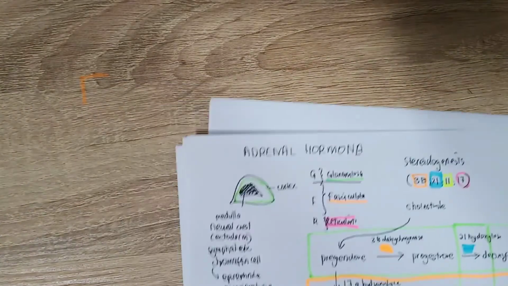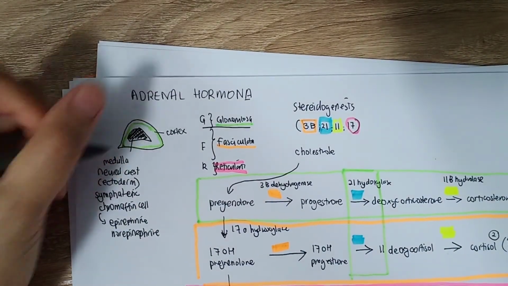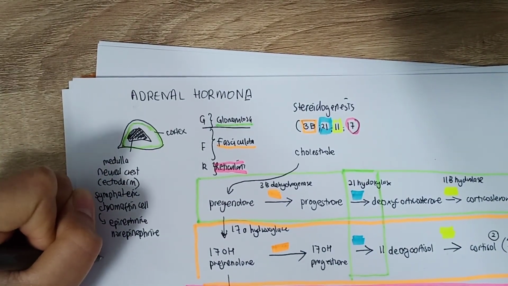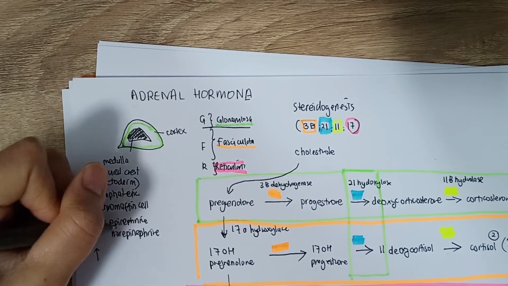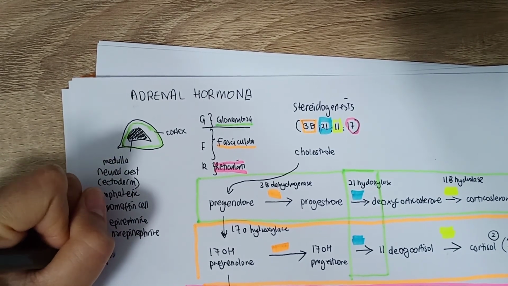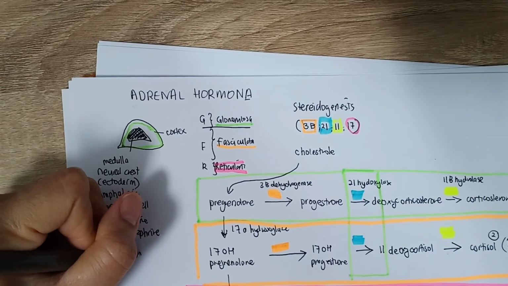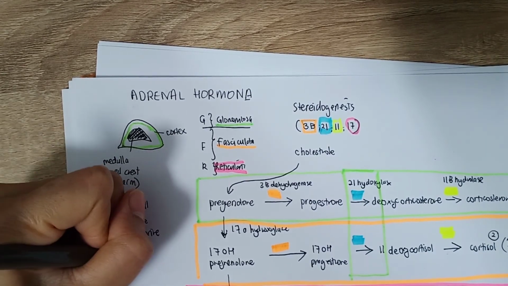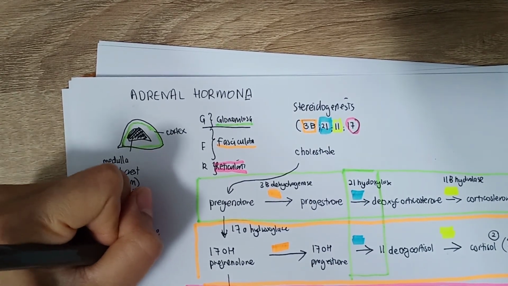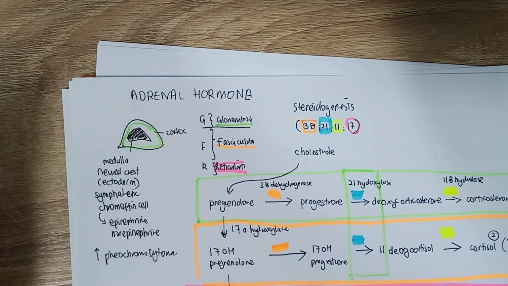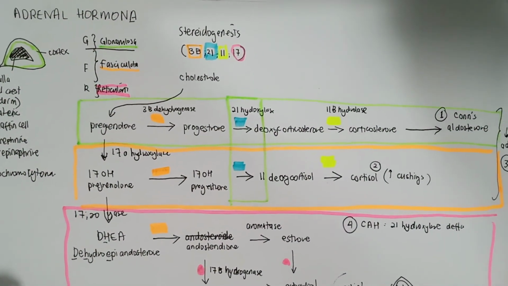And also, if we have a problem with the medulla, with the increase of the epinephrine and norepinephrine, we're going to have pheochromocytoma. I'll explain further about all of this in the next video.